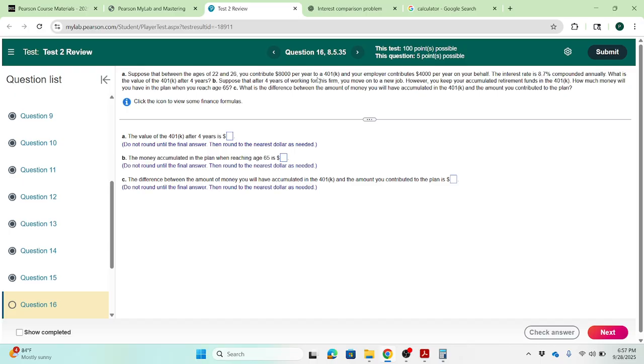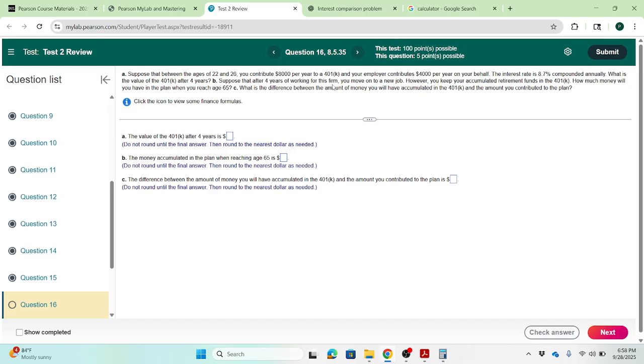So let's try to find out each part separately. The value of the 401k after 4 years is, remember, each year you are contributing 8,000 bucks and your employer is contributing 4,000 bucks. So altogether it's 12,000 bucks. And the interest rate is 8.7% compounded annually.